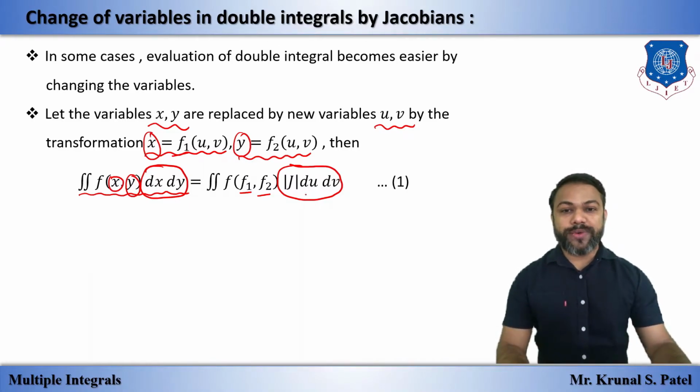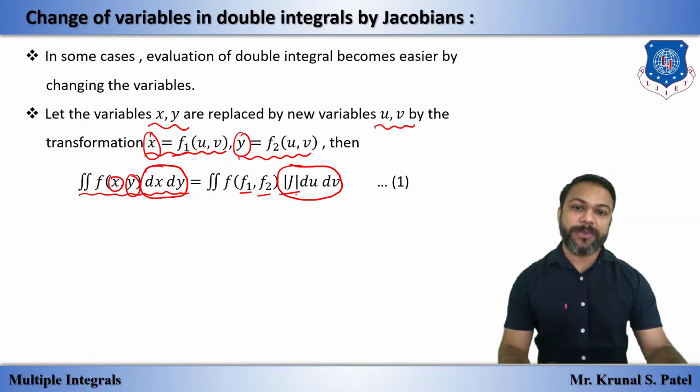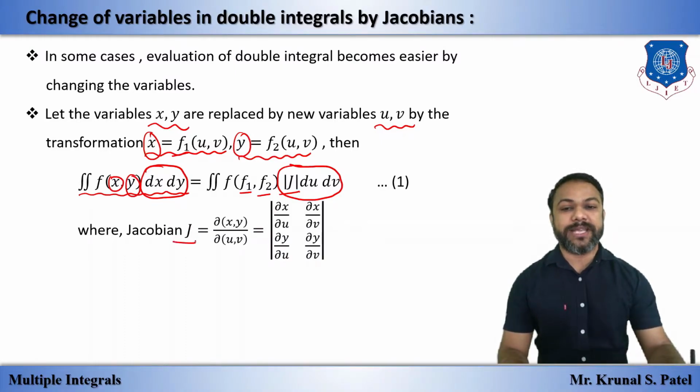Now how to find this j, and what is j? This j is called the Jacobian, and we will find it by this formula: del xy upon del uv is equal to a determinant where, in the first row, we differentiate x partially with respect to u and v, and in the second row, we differentiate y partially with respect to u and v.